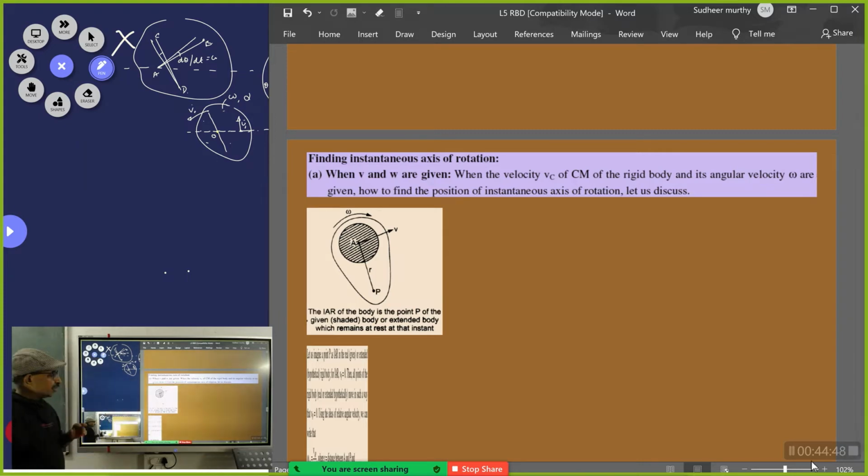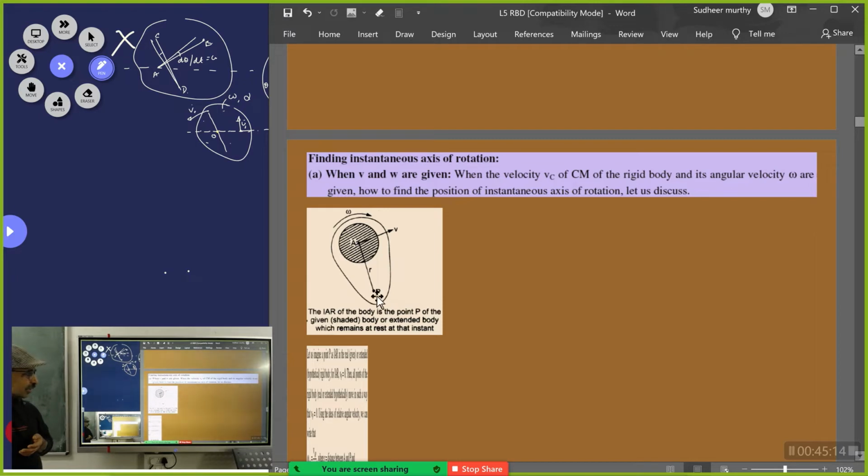At a particular instant of time, where is the instantaneous center, IC? If you determine IC, then the IAR will be perpendicular to that. That's the question. Very simple. From V bar, you drop a perpendicular.